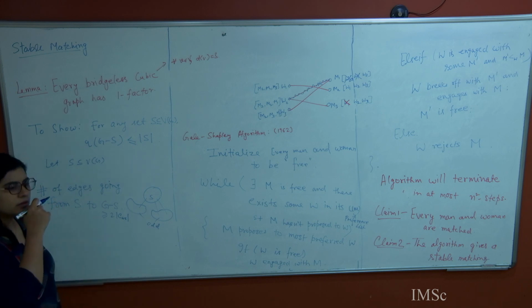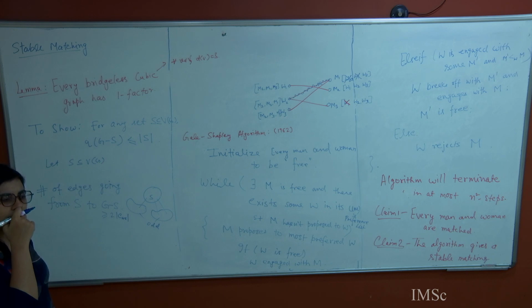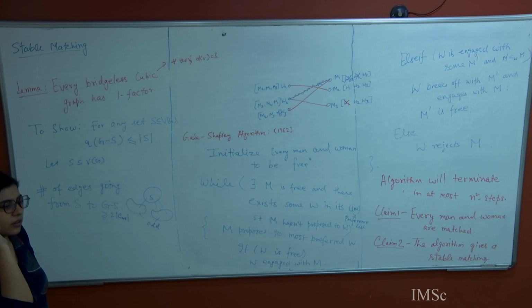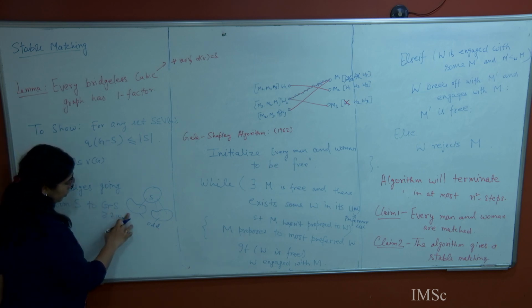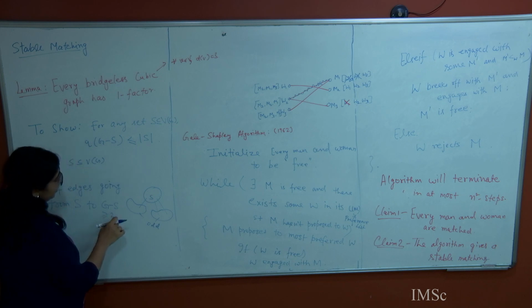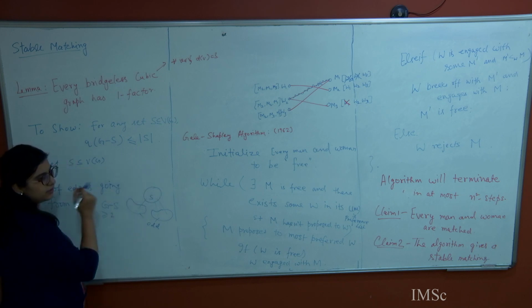But the problem is that a bridgeless cubic graph can already be disconnected, because a bridge is an edge which increases the number of components. So this one will be correct. Yes, true. So it may not be every component, but whichever is connected to S.